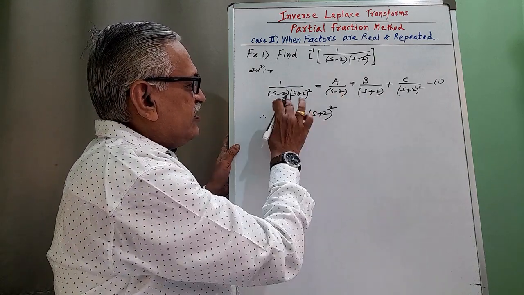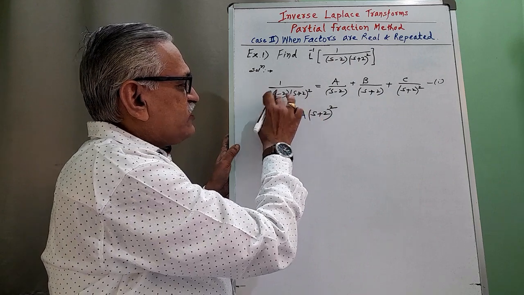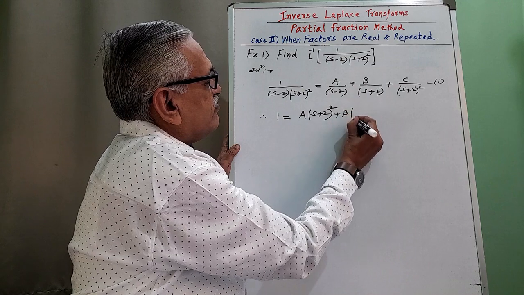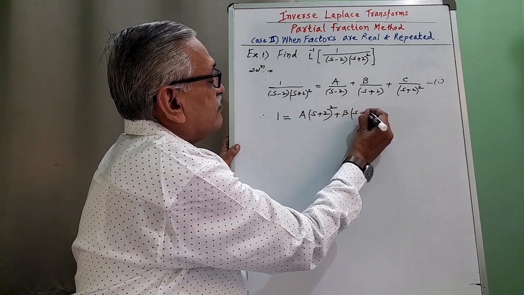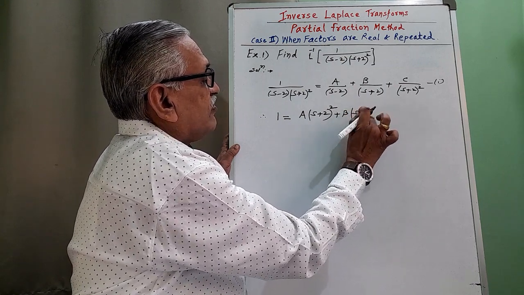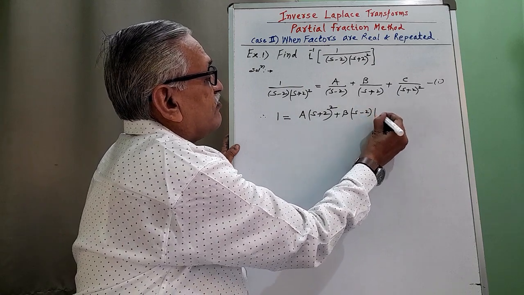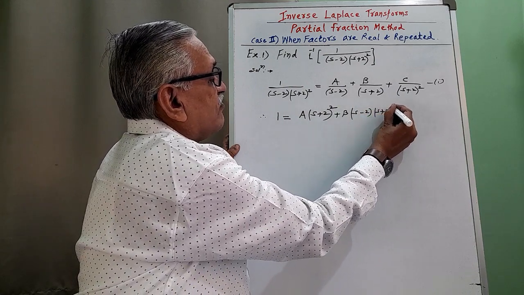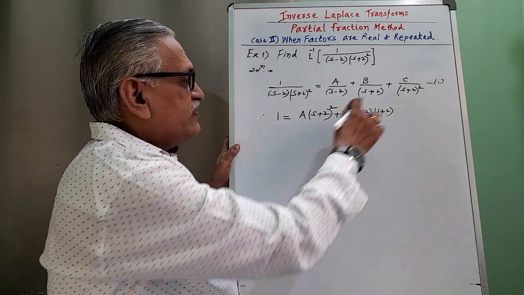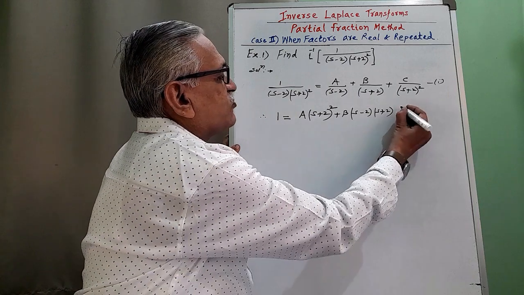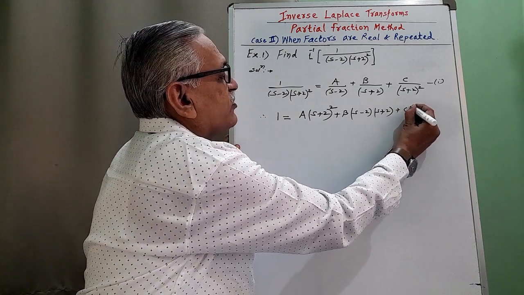For B, dividing by its factor, the remaining term is (s plus 2) into (s minus 2). And for C, dividing, the remaining is s minus 2, therefore C into (s minus 2).